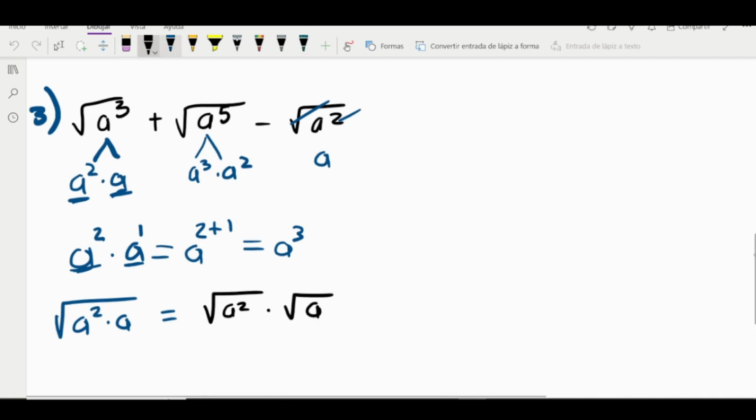Because of this, let's rewrite the expressions we have, the first two, since we already canceled the square root in the last.